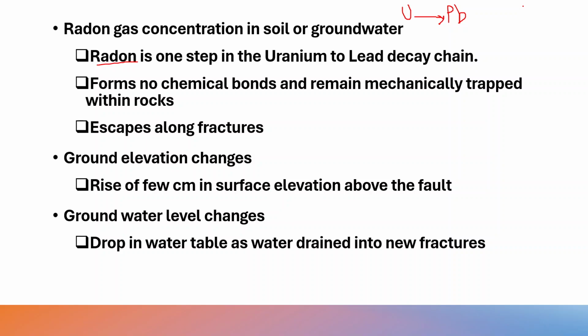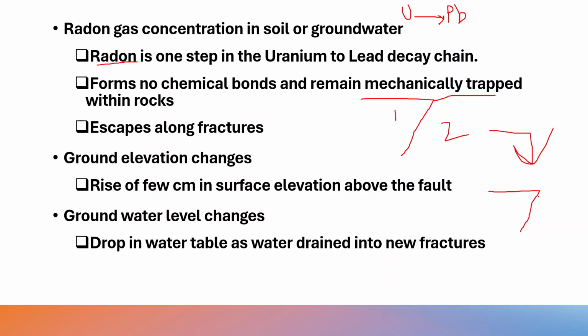Then ground elevation changes. So a rise of a few centimeters in surface elevation above the fault. As I said, let's say this is one block, and this is how initially it was. So this is 1 and this is 2. Then after a period of time, one slightly moved up.